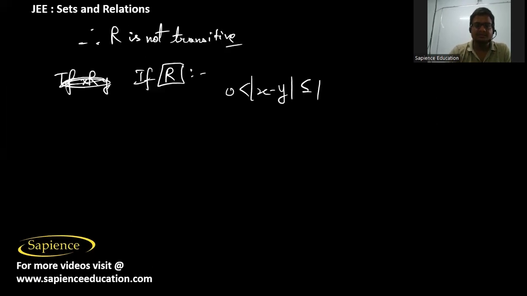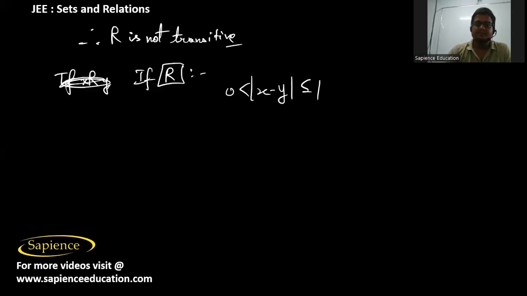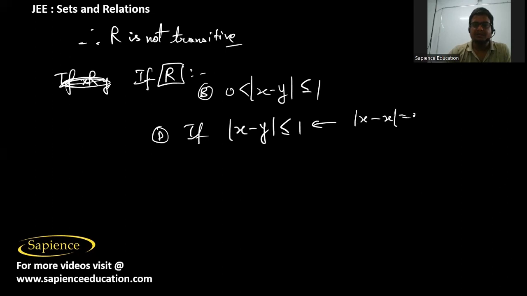So to check it, if I take mod x minus y only less than or equal to 1, that is in option D, and this one is in option B. So for option D, mod of x minus x will be equal to 0, which is obviously less than or equal to 1.